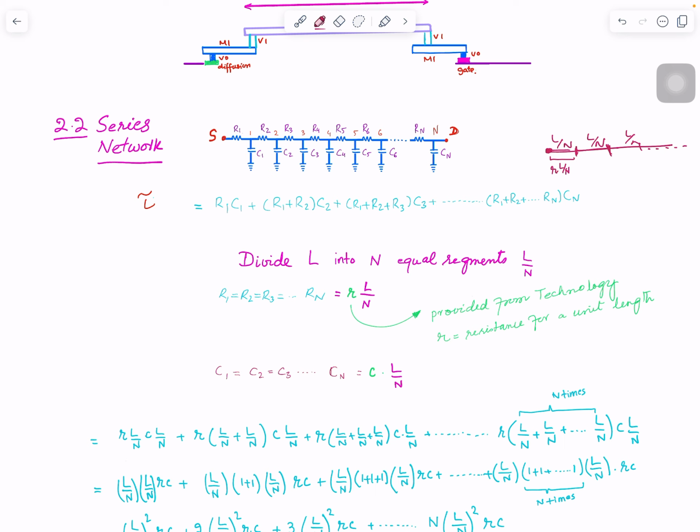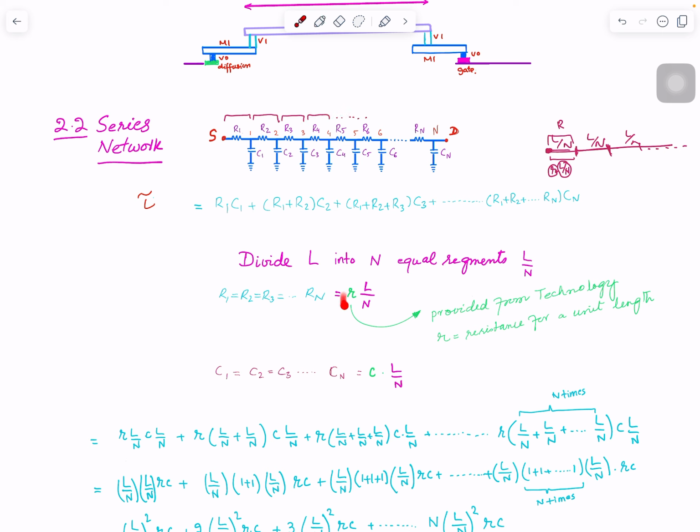When you multiply that by this length, that gives you the resistance of this segment in a lumped RC model. So for each very tiny segment, we are getting a lumped RC model, and so on.